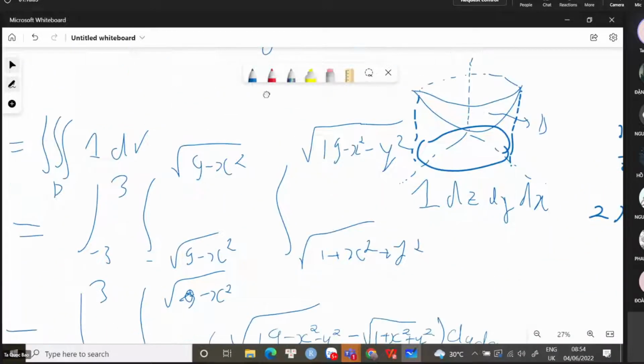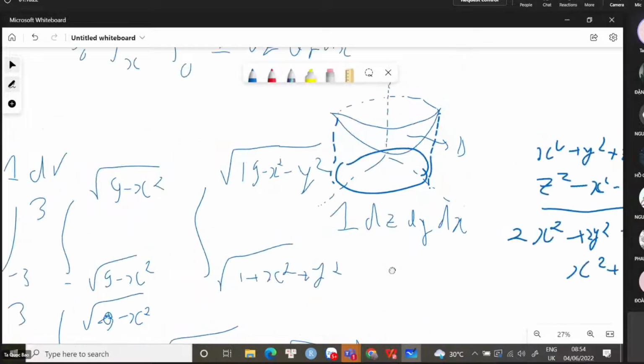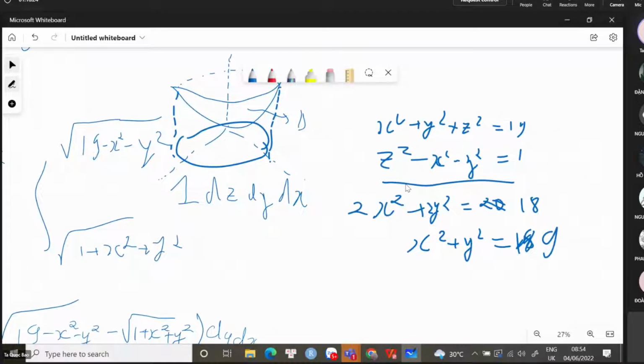Okay, right? And y is from -√(9 minus x power 2) to √(9 minus x power 2). Understand? It's explained from here.